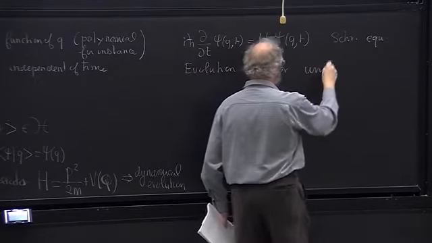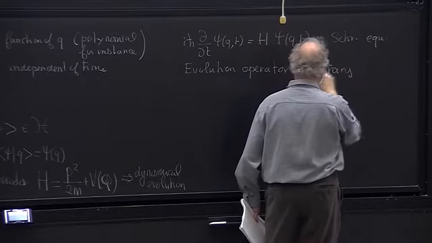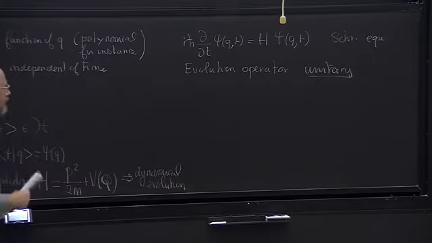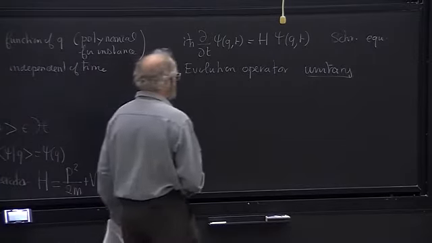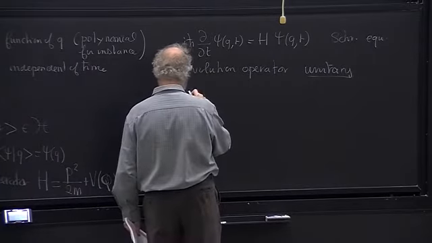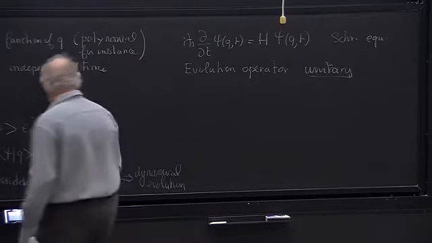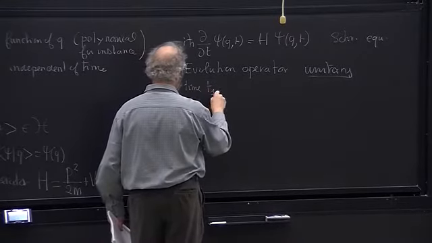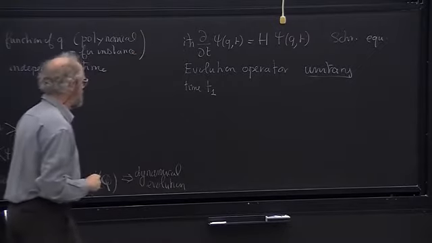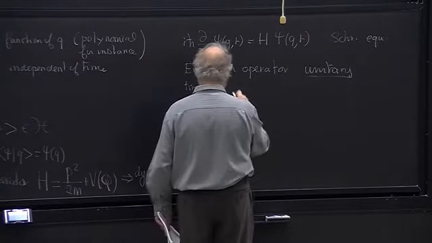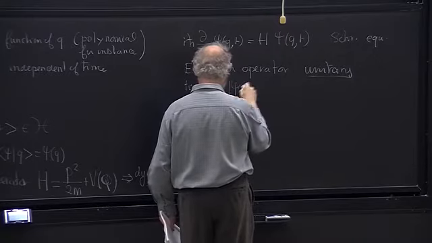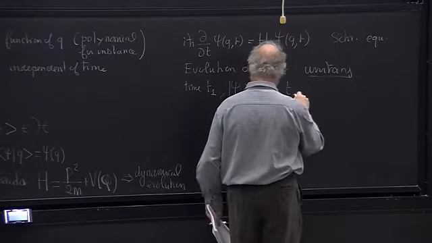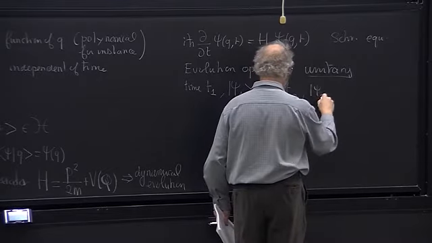which is unitary, because it conserves probabilities, and which is defined by basically, if you start at time t initial, or let's call it time t1, the system is in state psi1, which is initial. Then under evolution at time t2, the system is in state psi2.